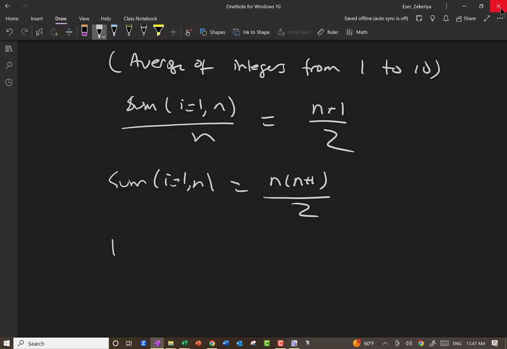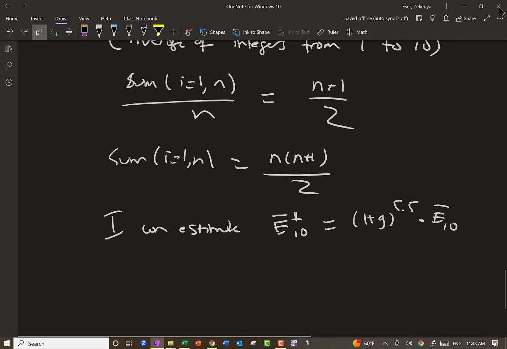So that means I can estimate future expected earnings as (1 plus G) raised to the power 5.5 times past expected average earnings. Now, I'm going to do a little bit of hand waving and use a little economic theory.